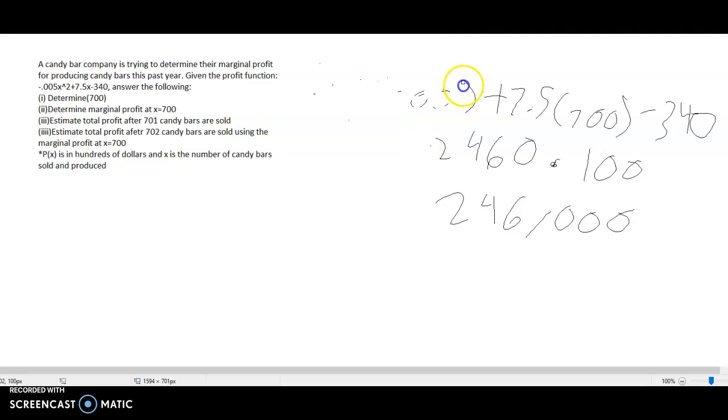For number 2, they want us to determine the marginal profit at x equals 700.